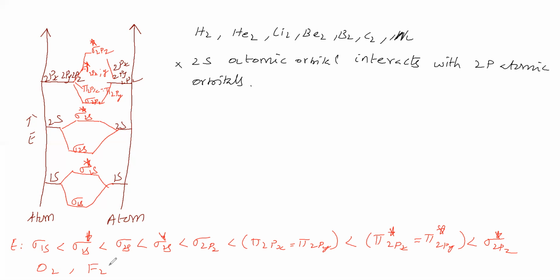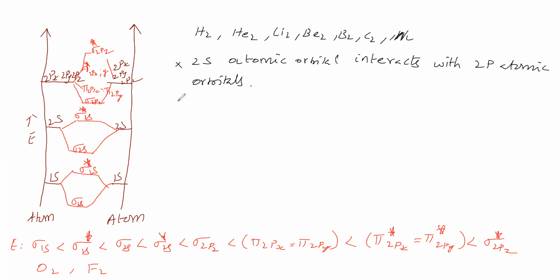For O2 and F2 also interaction is possible, but due to interaction, no change takes place in the order of energy of molecular orbitals for O2 and F2. But in the other case, this order has some change.